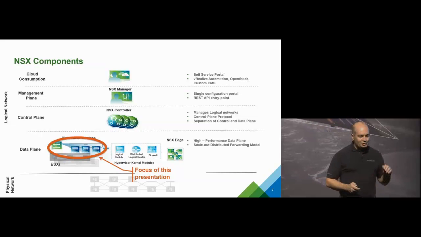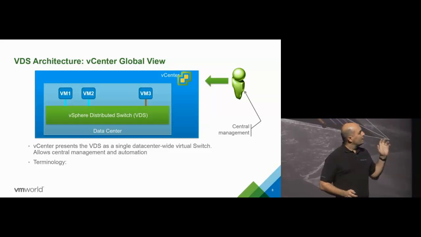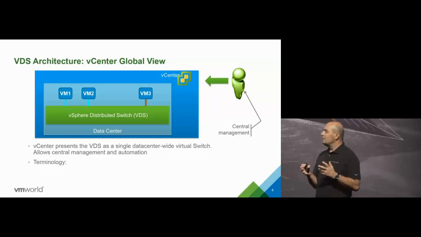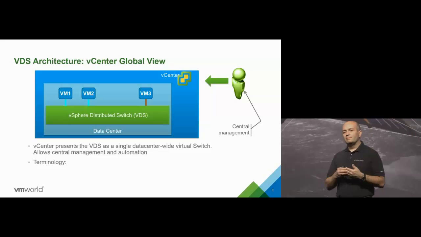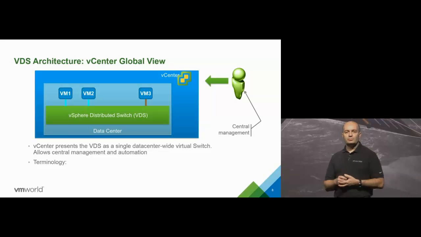The focus of this presentation, as I already mentioned, is really going to be on the switching part, and more specifically on the VDS, so the vSphere distributed switch. The VDS is an enhancement over the VSS that you probably also know as a vSphere standard switch.